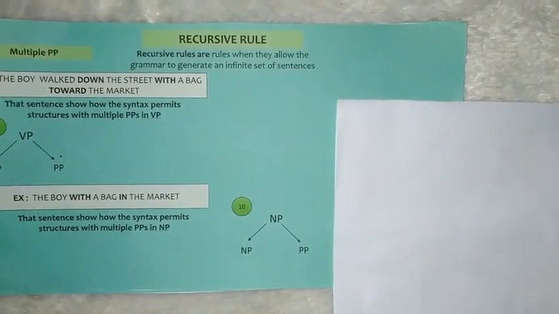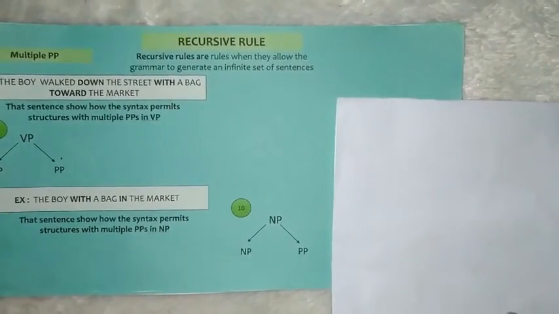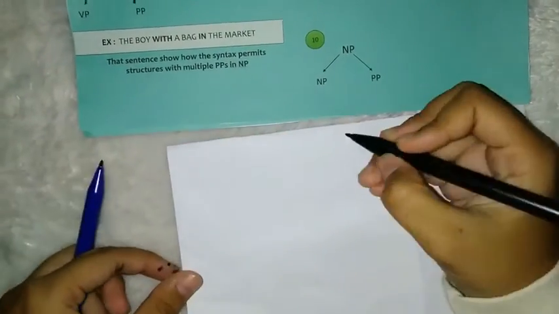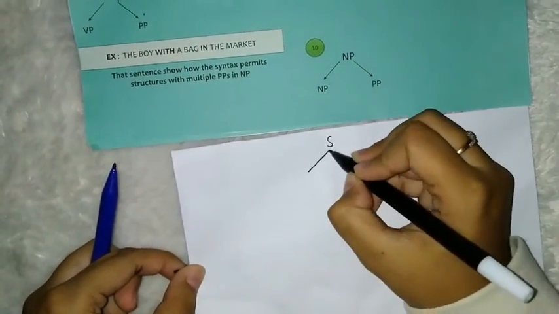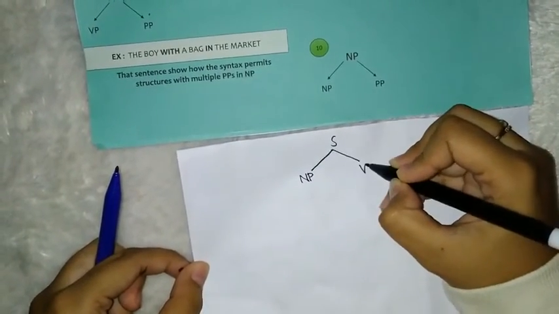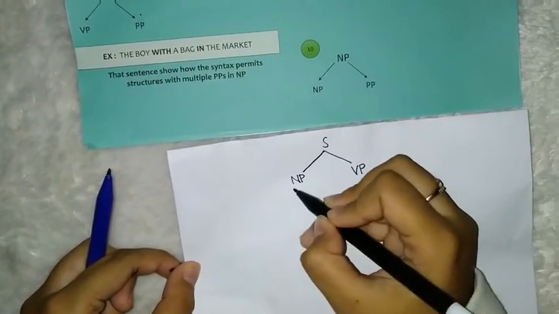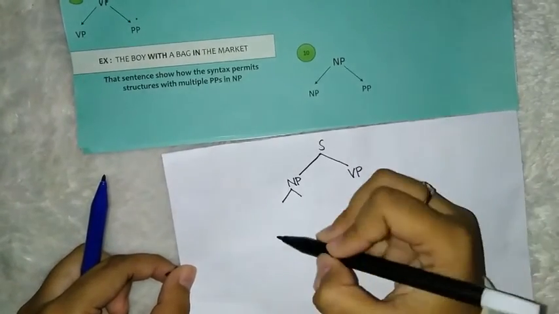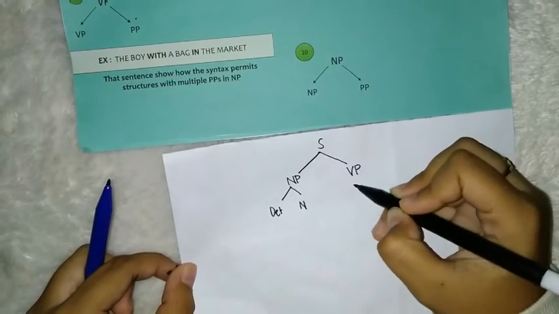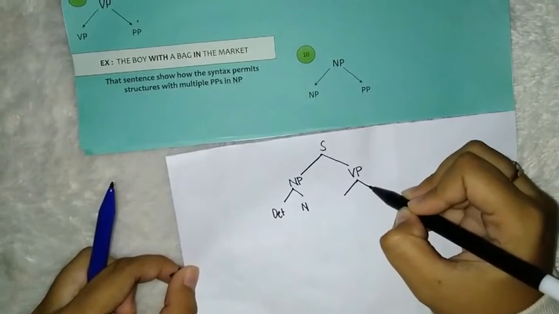So I'm gonna transfer this into a tree. Of course, sentence with noun phrase and verb phrase, but don't forget the first in here is just determiner with noun, and then verb phrase in here.